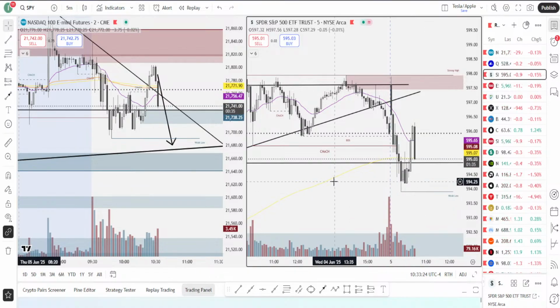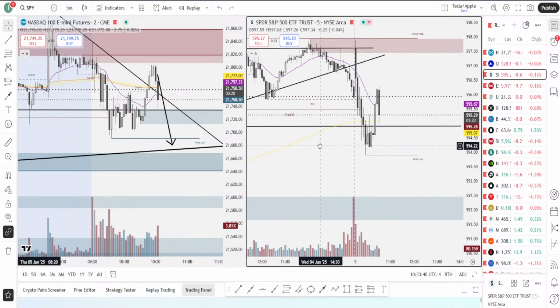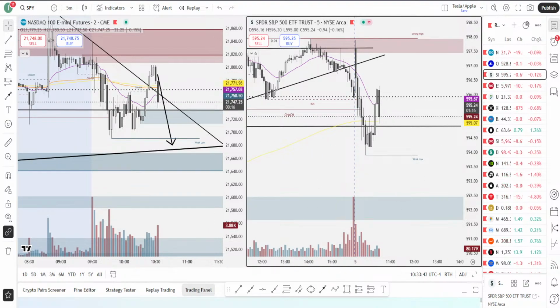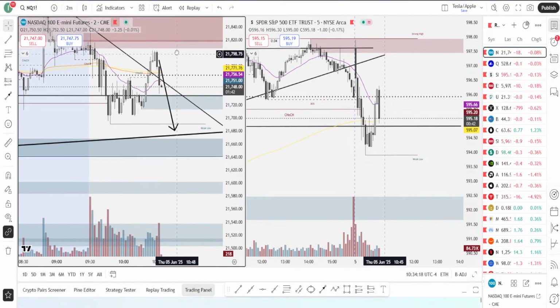This is my last trade, fellas. Let's see if we get this move now.